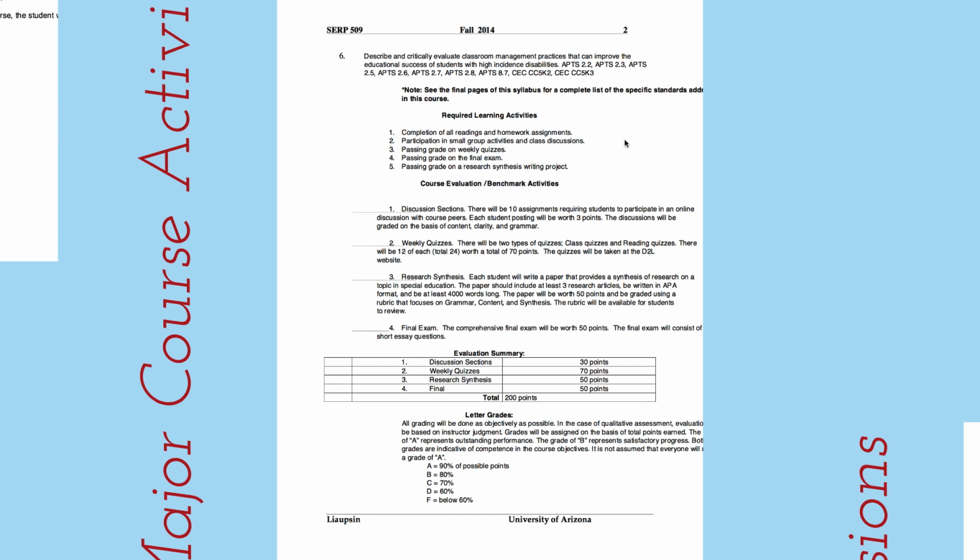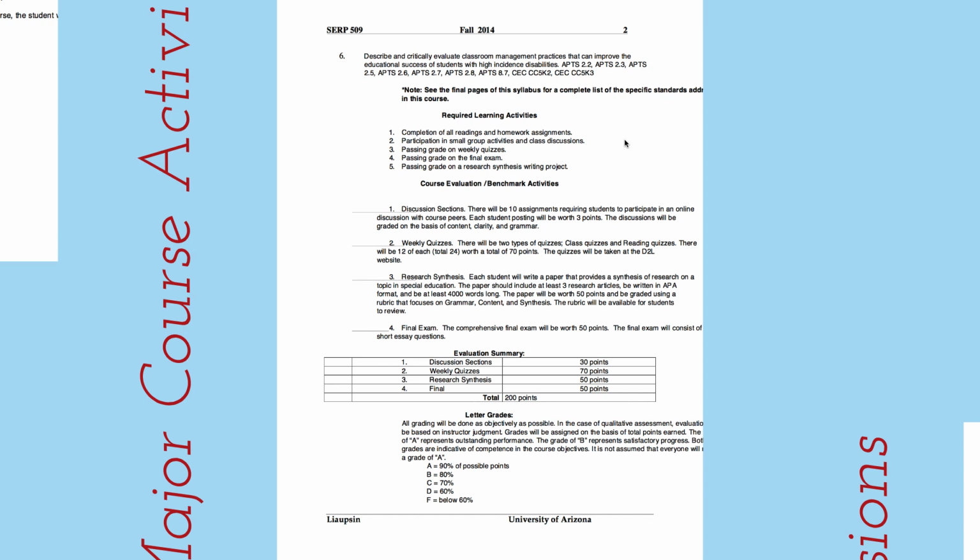There are probably going to be 12 quizzes that are reading quizzes and 12 quizzes that are class quizzes. I may drop one or two. We'll see as the semester goes on. Usually there are small changes, but I try not to make any changes that provide you with any more work.